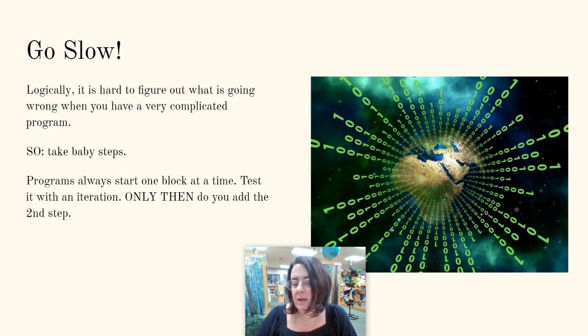If you link 5 directions at once and then the robot doesn't do what you want it to do, that's very difficult to know what went wrong. Was it step 1, step 3, step 5? Baby steps. Do step 1, make it work. Then do step 2, make it work.